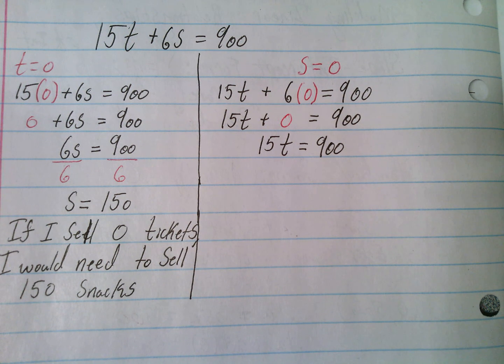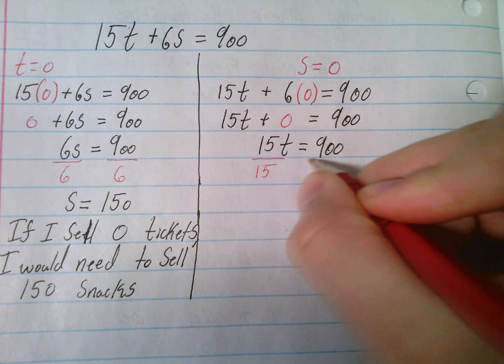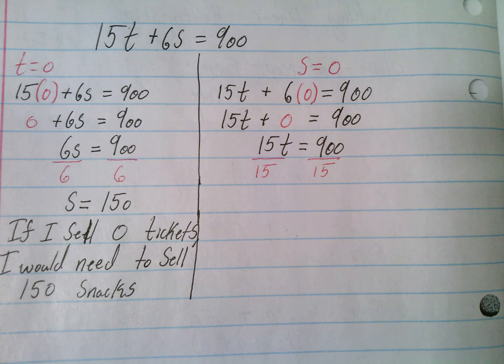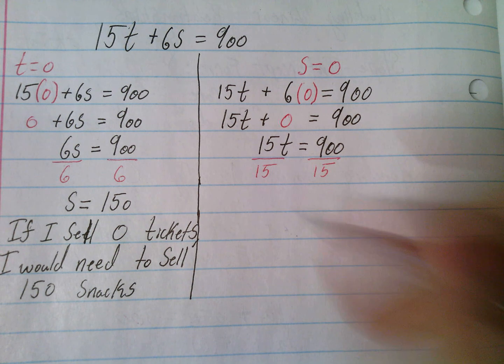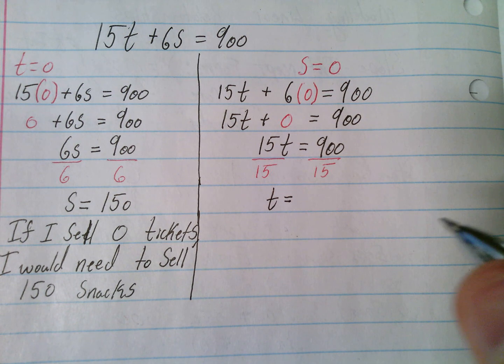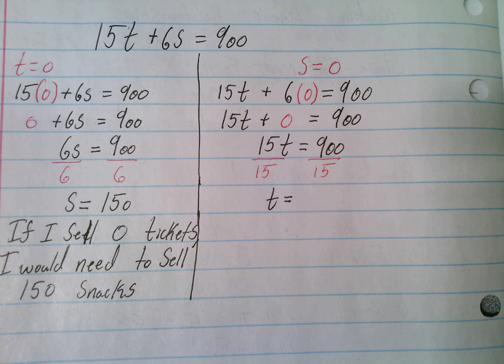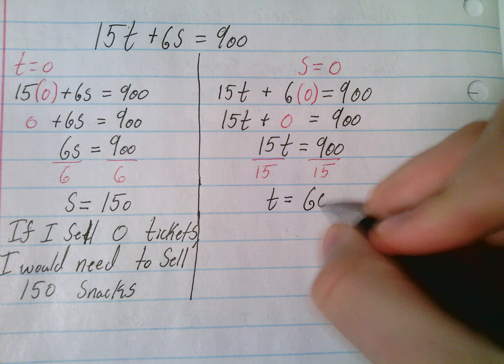Then to solve for t, I know I need to divide by 15. I know that t in this case will be 900 divided by 15, which should give me 60. Yeah, there we go, 60.